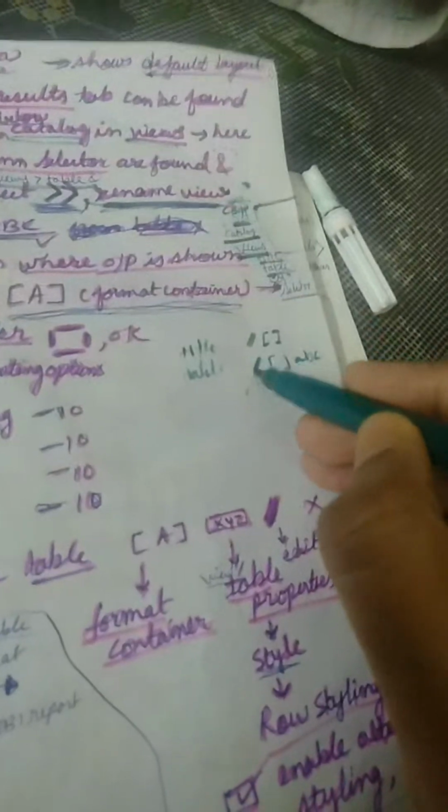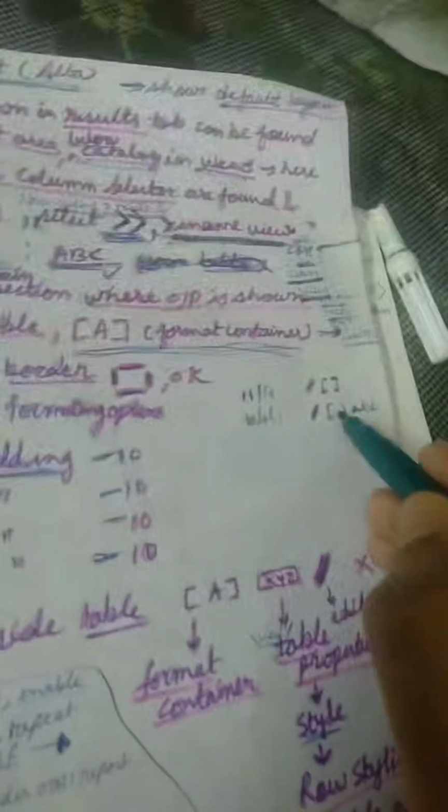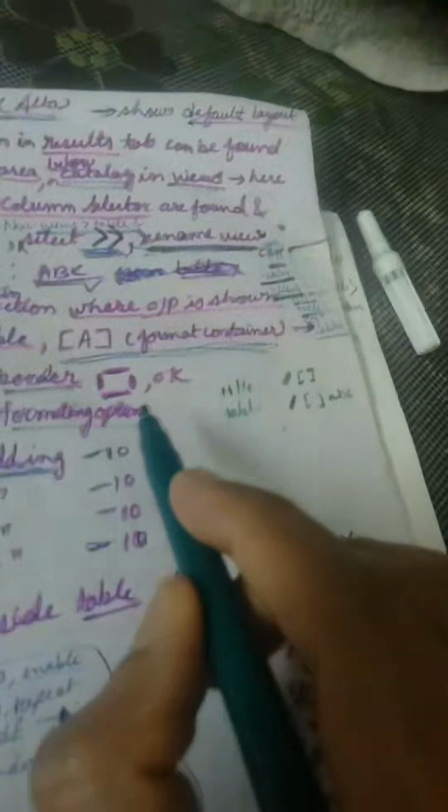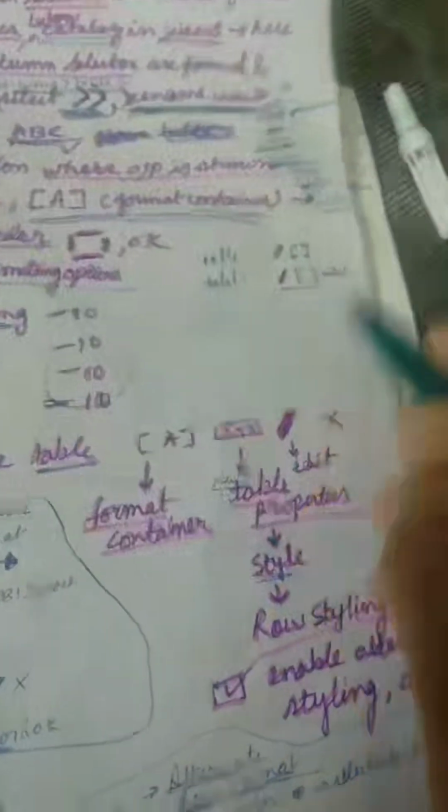So that you can do here. For format container, we can change the border. Then you have additional formatting options like left padding, right padding, top padding, and bottom padding. You can change the values. This is in the output, just beside the table you have these three: format container, view properties, and edit.